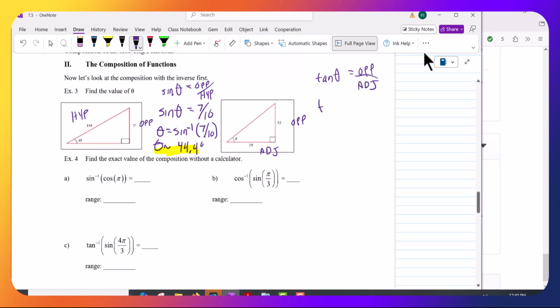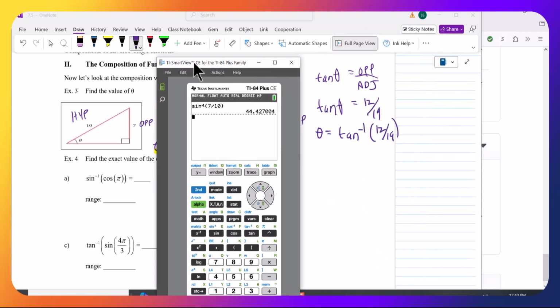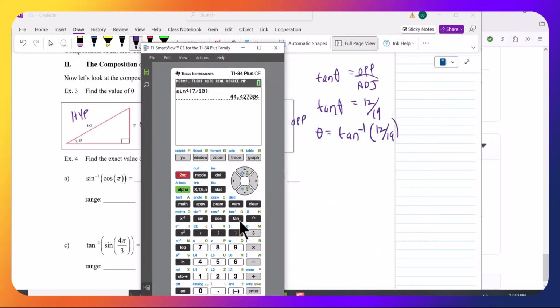So we can write this as tangent theta equals the opposite 12/19. And then we can do the inverse tangent. So you just take your calculator, do the inverse tangent of 12/19, and then we'll round that off. This will give us a degree answer on here. So in degree mode, do inverse tangent, 12/19, and this will give you an acute angle of about 32.3 degrees. I'll just round that off like that.